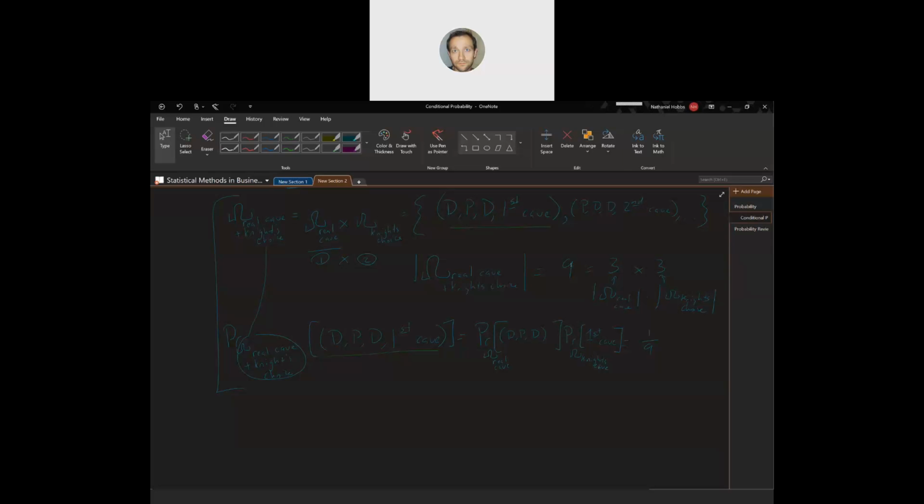Taking just one of these possibilities, the princess is actually in the second cave, but the knight chooses the first cave. What's the probability of that one event here?